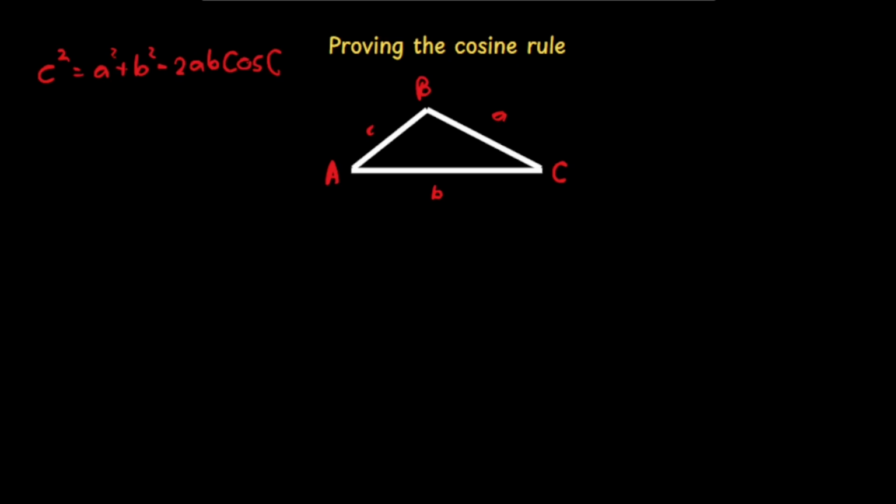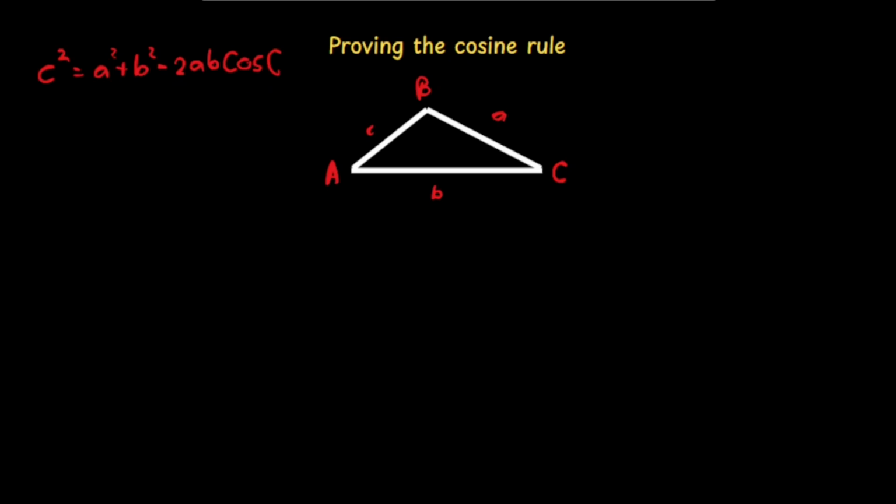Now, in order to prove that the cosine rule is a law that applies to non-right angled triangles, and in order to use it effectively, we have to complete the proof. So what we have on screen here is a simple non-right angled triangle. This is a triangle of which its angle does not consist of 90 degrees.